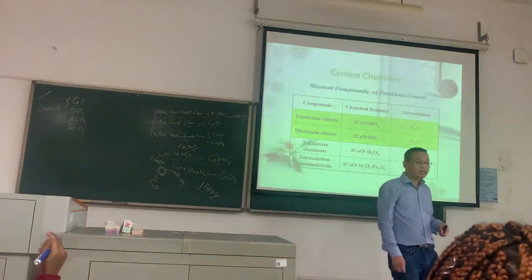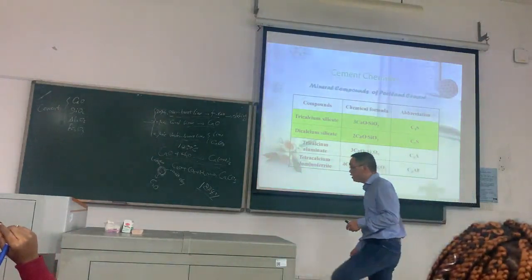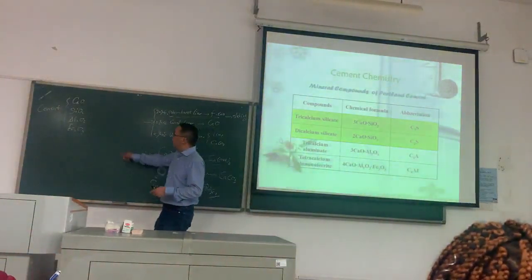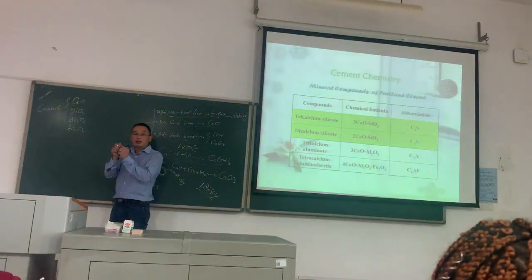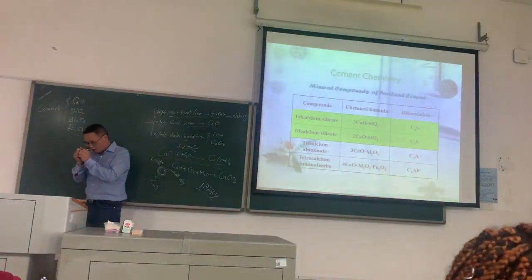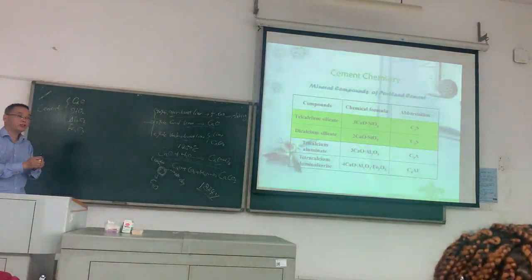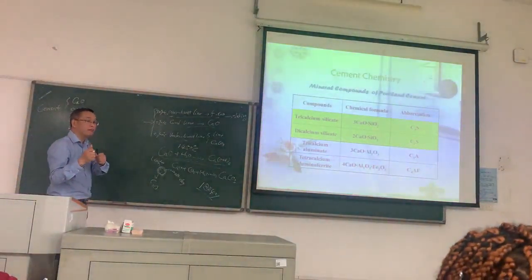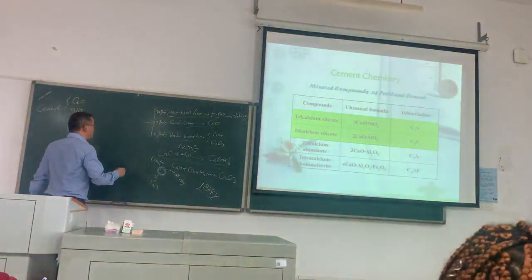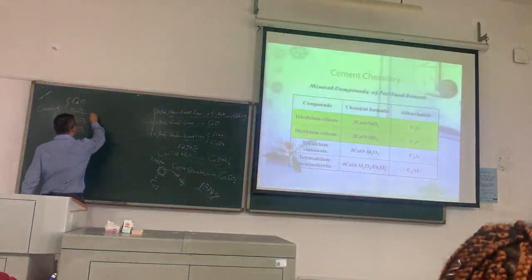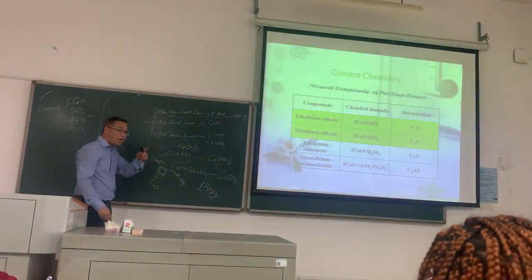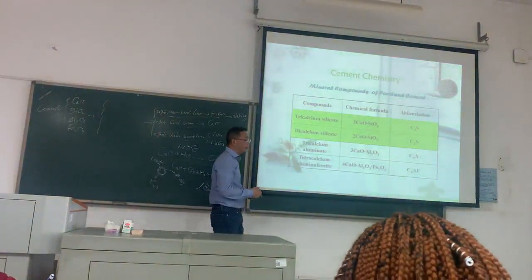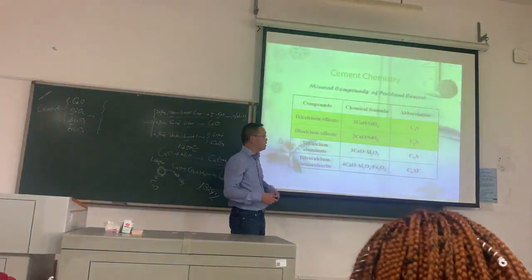Minor compound? Yes, minor compound. Minor compound means these chemical compounds will react with each other to get different kinds of minor compounds. So there are 4 kinds of minor compounds in the cement.